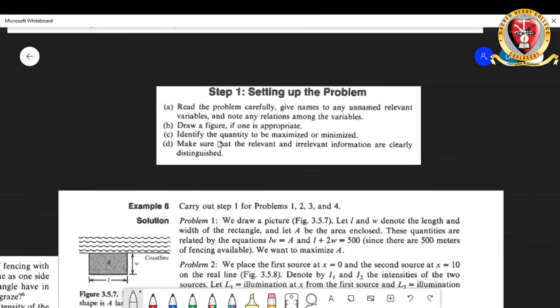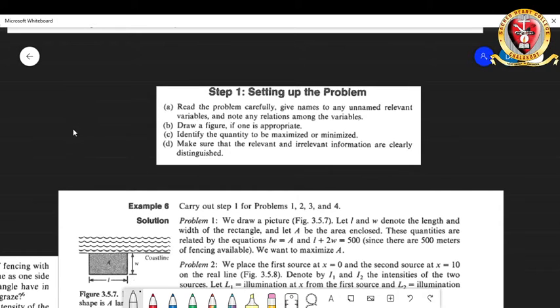Thirdly, we have to identify the quantity which should be maximized or minimized. And the fourth point is that we should make sure that the important and unimportant information is clearly identified.